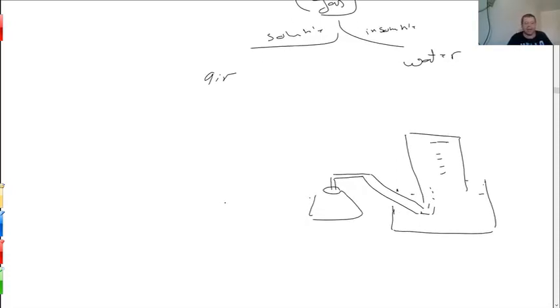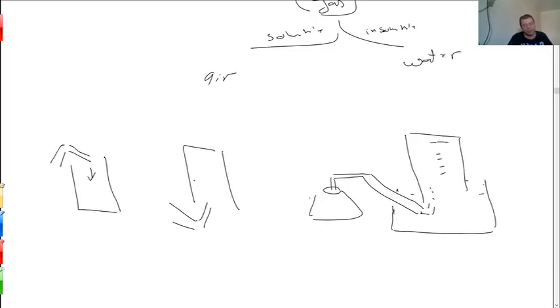How can you make air displacement? It's easy, the same way but without water. The gas moves up here, or moves down here. Moving up if it is less dense than air, and this process is known as upward delivery.